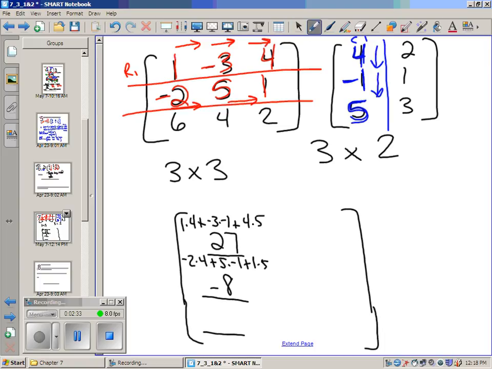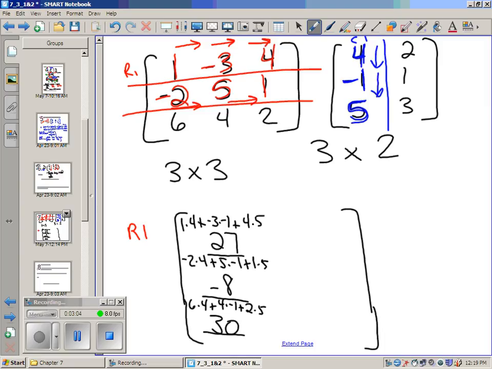All right, then you tell me how to figure out what goes in the next one. 6 times 4, 4 times negative 1, 2 times 5, perfect. 24 minus 4 is 20, plus 10 is 30. All right, guess what I'm going to do next? Right, now I'm going to move back up to row 1.